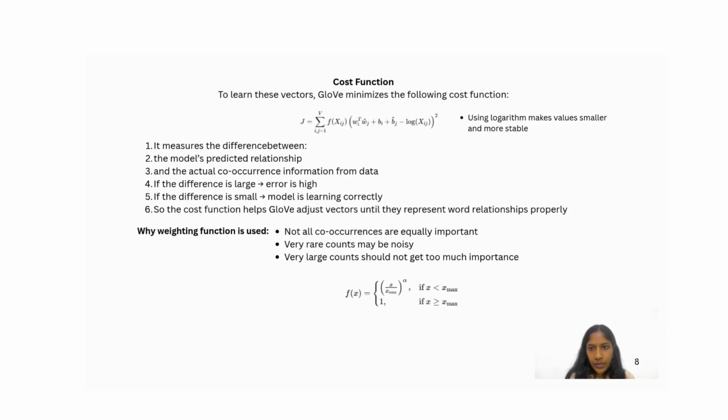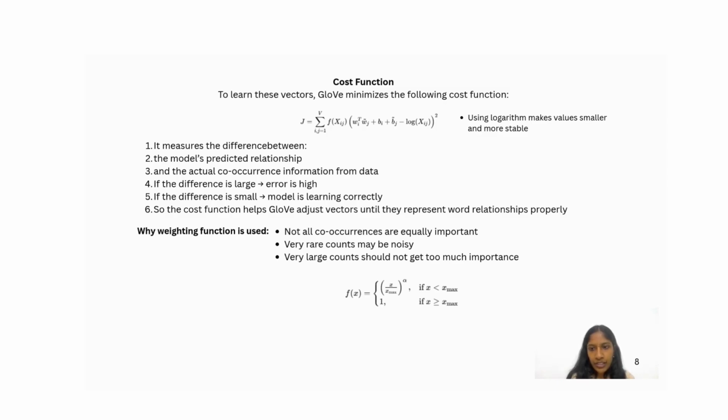To make this idea work in practice, GloVe defines a cost function that the model tries to minimize during training. The purpose of the cost function is to measure how close our predicted values are to the actual co-occurrence values from the data. More specifically, for each pair of words, the model predicts a value using the dot product of their vectors and then compares this prediction to the logarithm of their actual co-occurrence count.